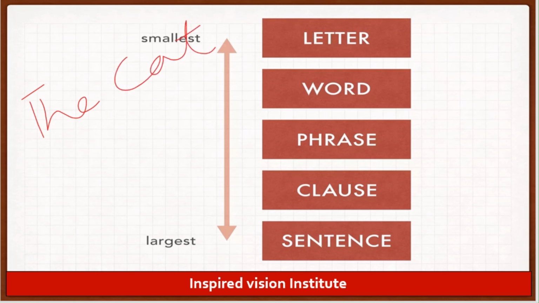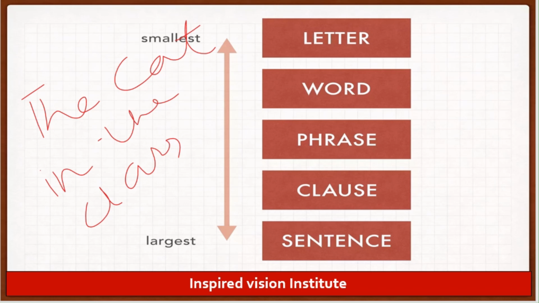Both combined become a phrase. The cat is a phrase. Similarly, for another example, in the class is a combination of 3 words, but it doesn't give any complete sense, so that will be called a phrase.